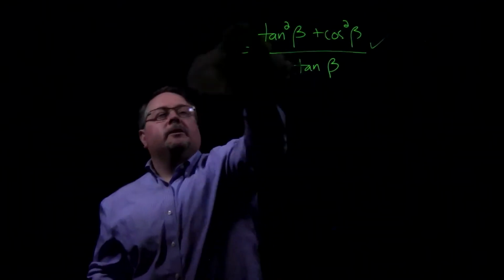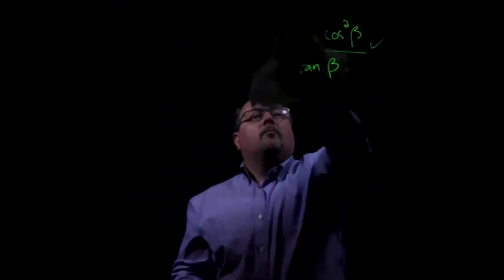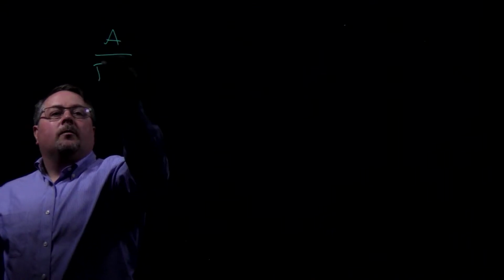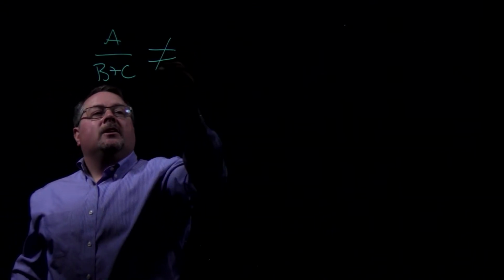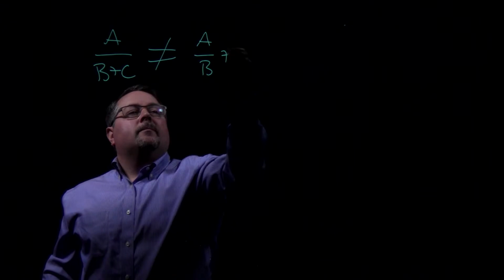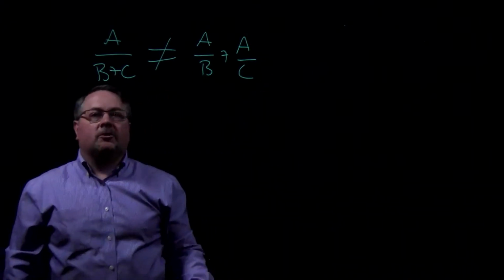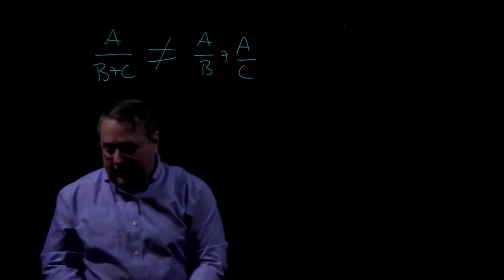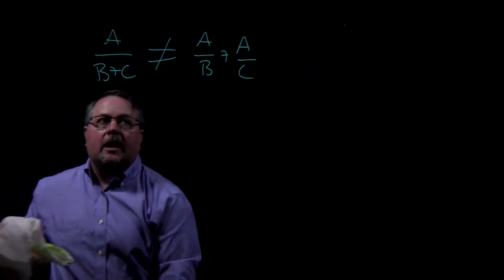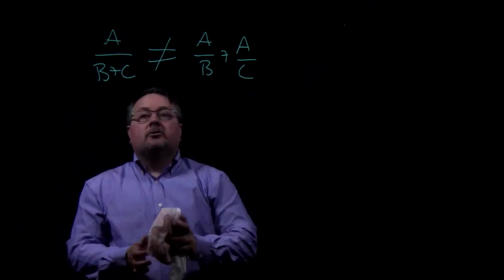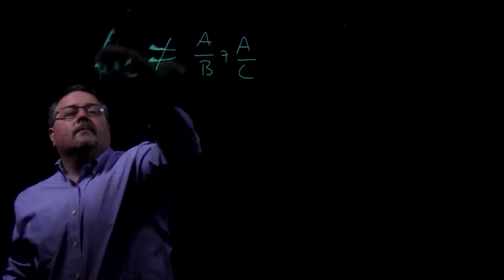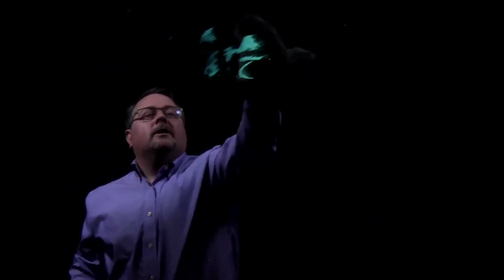If you have a sum or difference in the numerator, then you can break that up into a sum or difference of fractions. But a over b plus c is not the same as a over b plus a over c. So we can't just do that breaking up of fractions if we have a sum or difference in the denominator. Instead, what we'll do is look at the so-called conjugate.